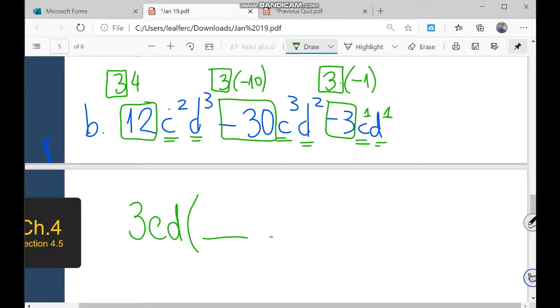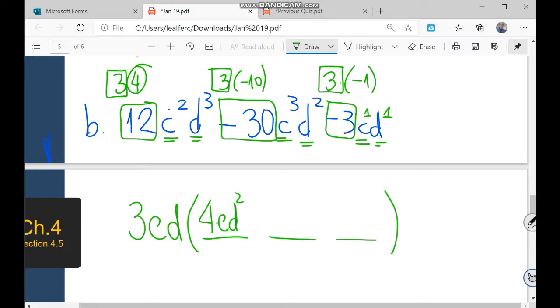Now we need 3 terms to multiply and find the original ones. 3CD times what? Times 4. To have C squared, we need a C here. To have D cubed, we need D squared. So the first one is 3CD times 4CD squared.